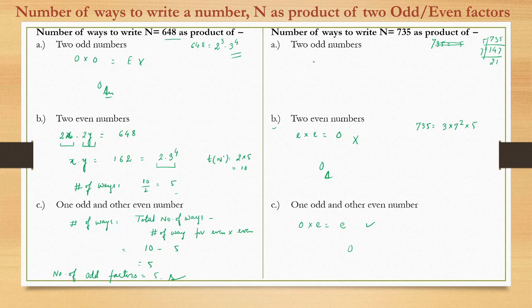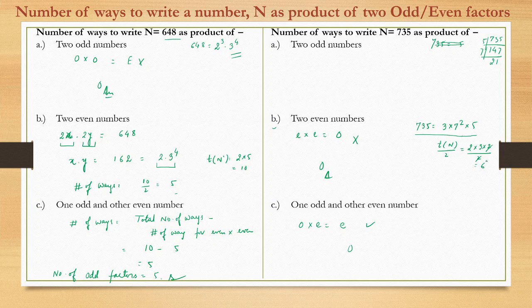So two odd factors is what? Whatever the total number of ways you can write 735 as a product of two numbers. Two numbers is what? Tn by 2. What is Tn here? Tn is 2 into 3 into 2, which is 12 by 2. So this is 6 ways.